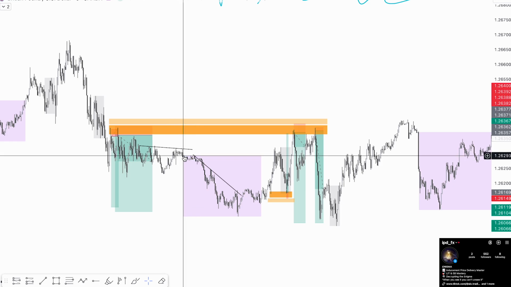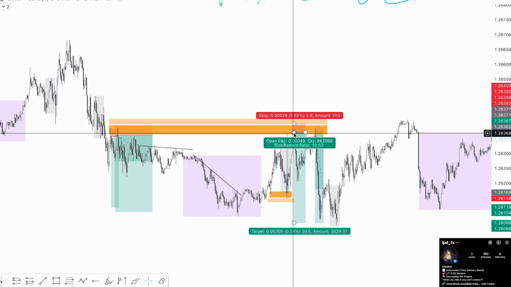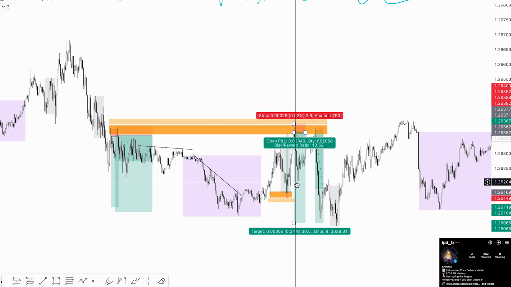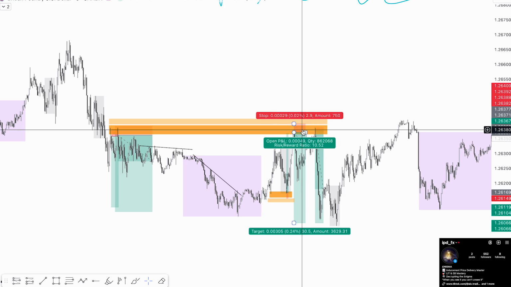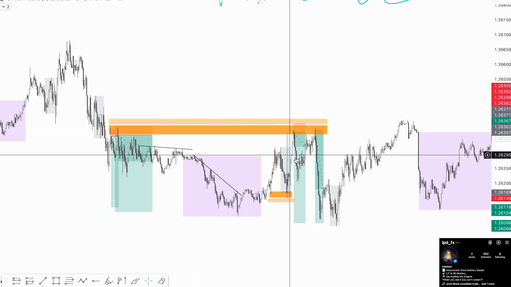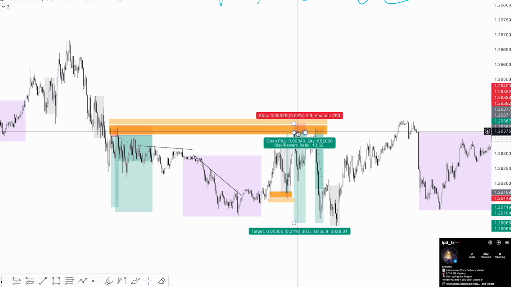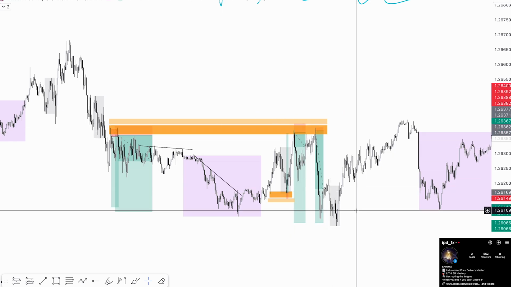When we take out liquidity, what can we expect? A reaction. Here we take out the liquidity and it reacts a bit. Here it's not really taken out, for me it's still a touch, but after a sweep we can expect a reaction.